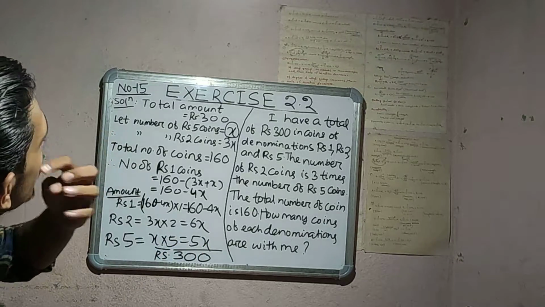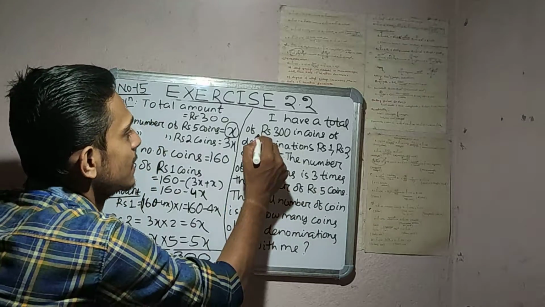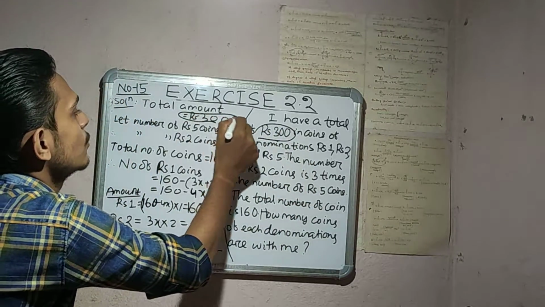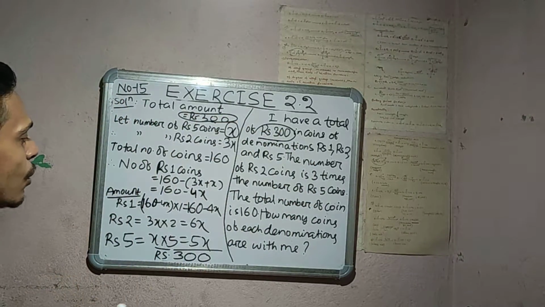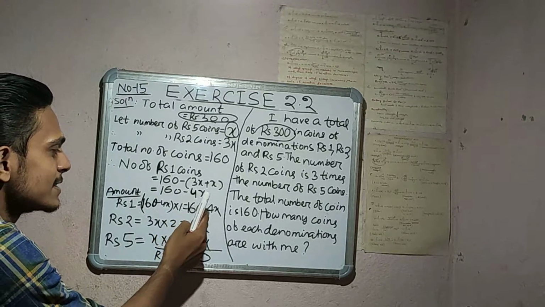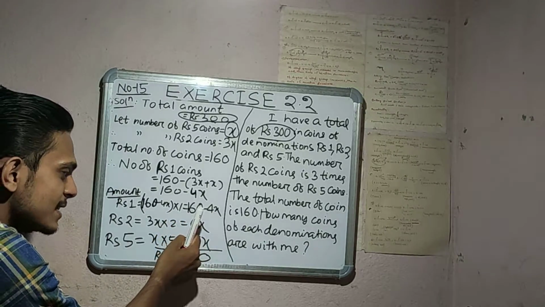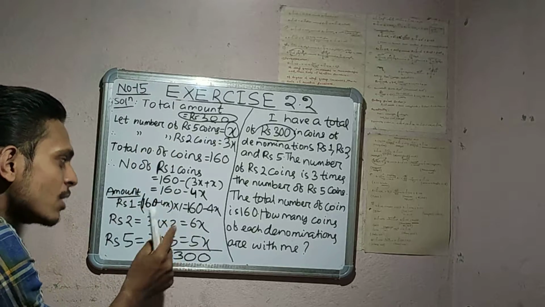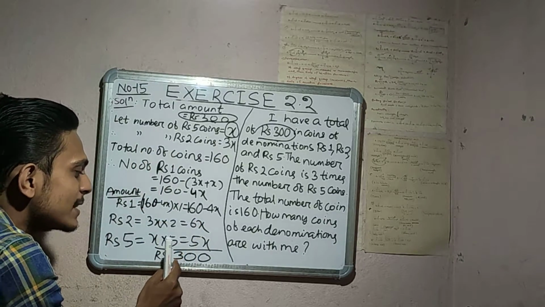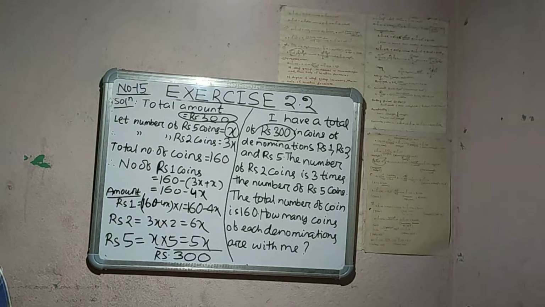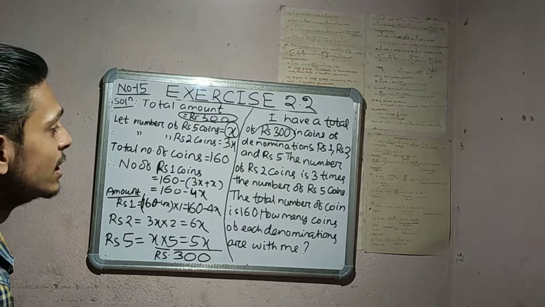This is the total, yes or no? So the total is 160 minus 4x plus 6x plus 5x. This is the total amount, but this total amount will be 300. So this will be our linear equation.